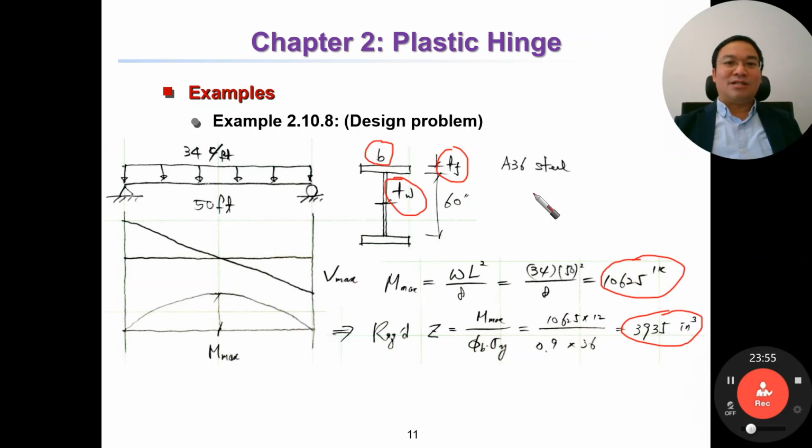If you forget to check the local buckling condition of the components of the section, then your solution has no meaning, because you cannot ensure whether it can obtain the full plastic moment or plastic strength of the section or not. So please be careful. From now on, please also consider the local buckling condition of the section. Okay, remember.